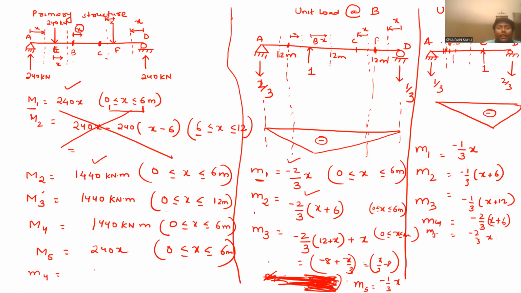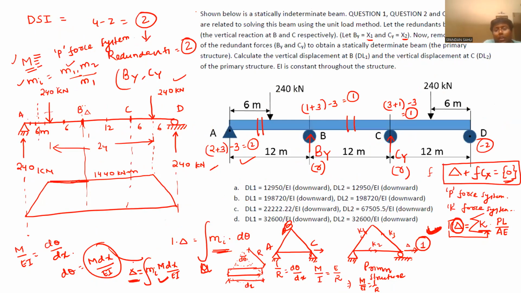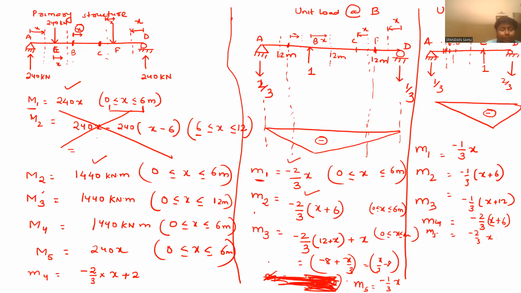Tell me: minus 2 by 3 into x plus 24. We are writing from this side, C to F only.